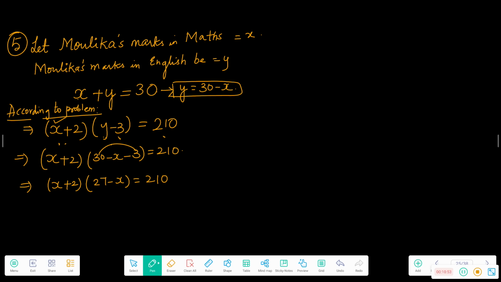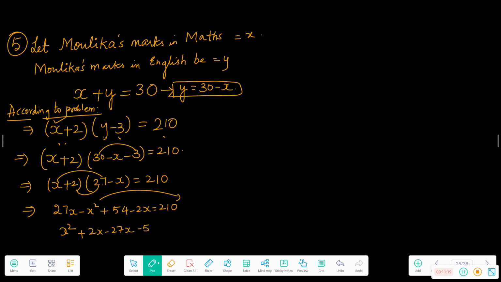So we will solve this now. x into 27 is 27x, minus x square, plus 2 times 27 is 54, minus 2x is equal to 210. Shifting all the terms to one side, we get x square plus 2x minus 27x minus 54 plus 210 is equal to 0.